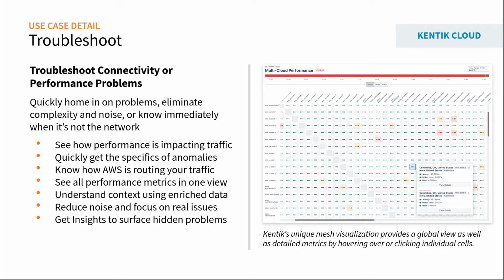So they have a public page that uses this data to show connectivity, the performance between each site, and make that available to everybody for their customers or for potential customers that want to see that their network is performing well.